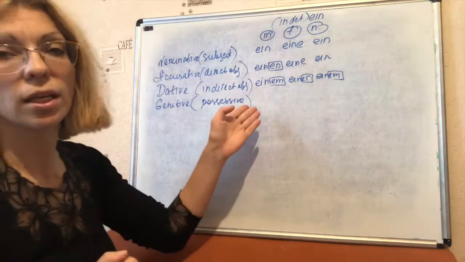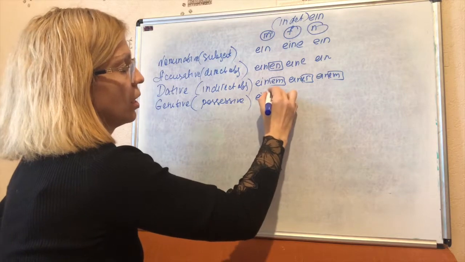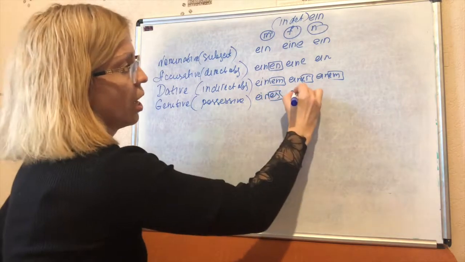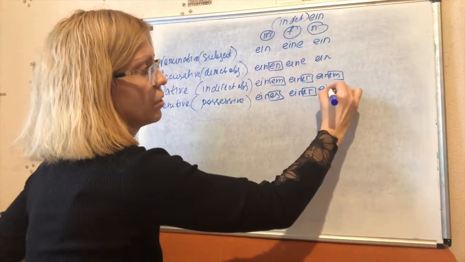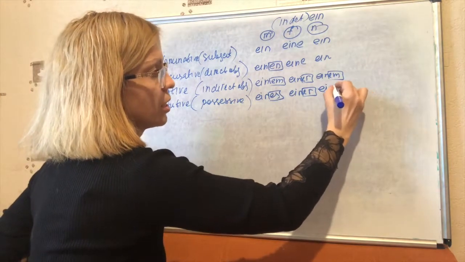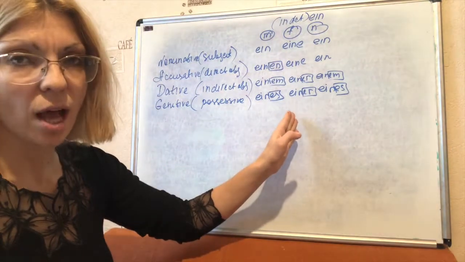Okay, and the genitive case: eines, einer, eines. That's it for the indefinite articles.